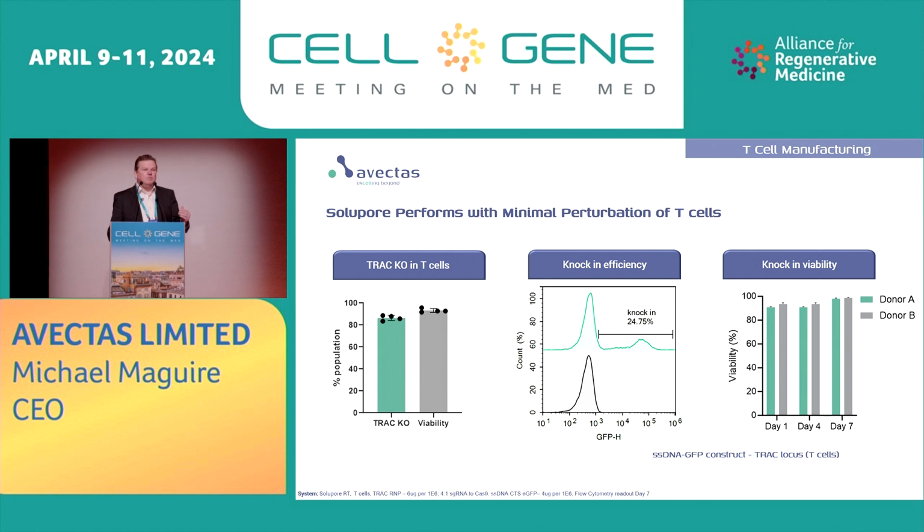So high viability, high efficiency knockout, and relatively high efficiency for what's typical in terms of integrative knock-in, and that integration measured out to 7 days on this slide, and in our own hands out a lot further than that.